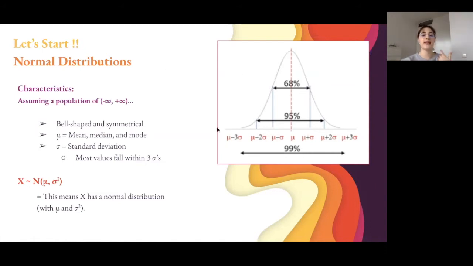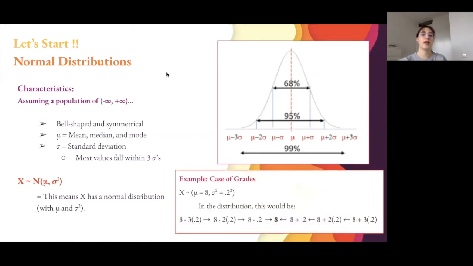An example of this, when we apply it to real numbers, is, let's say, in the case of grades. Here it's given to us X, squiggly line, mu equals 8, and variance equals 0.2 squared, or standard deviation just equals 0.2. So in this case, the way that we would actually see this on a normal distribution curve is mu, this part, this would be 8, because they gave it to us.